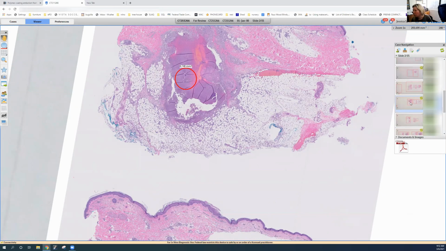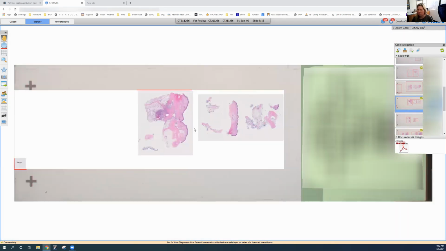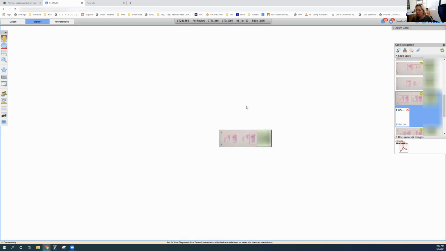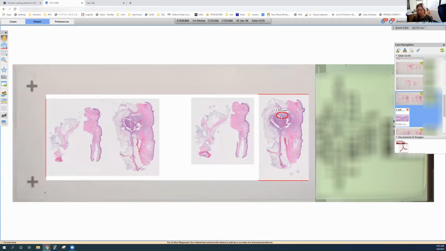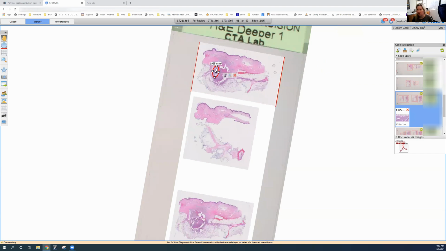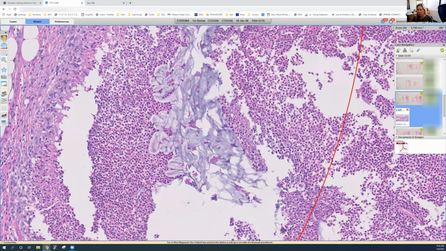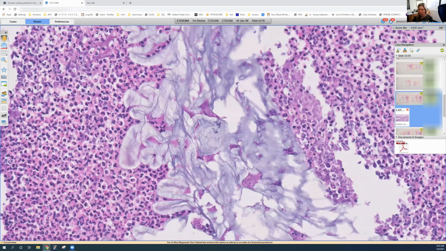And there's even more of this in the rest of this excision, more of this abscess, and then more of this material, which has more of a distinctive look in this field. And this is a polymer or hydrophilic polymer coating embolism.